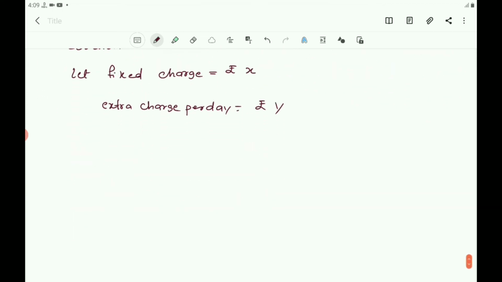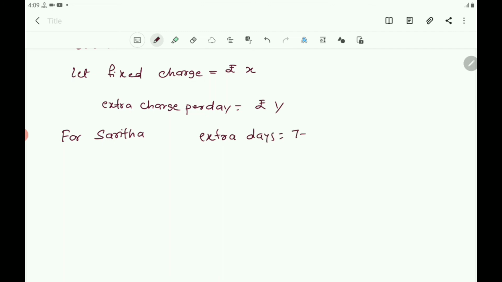So for Sarita, extra days equals how much here? 7 minus fixed days 3, that is equal to 4 days.